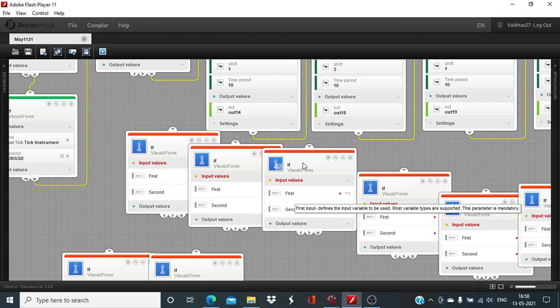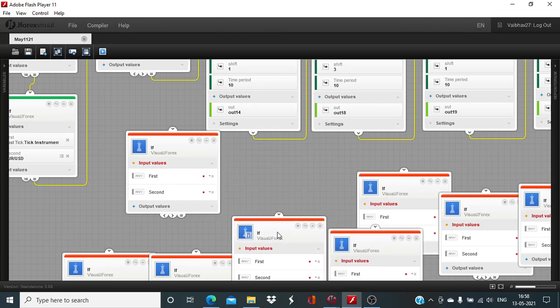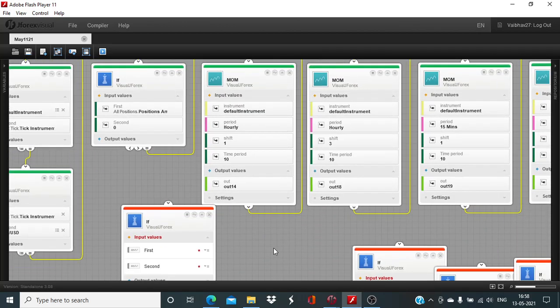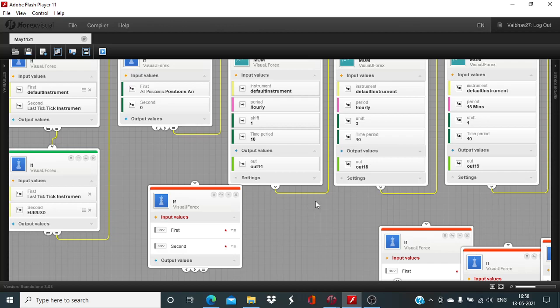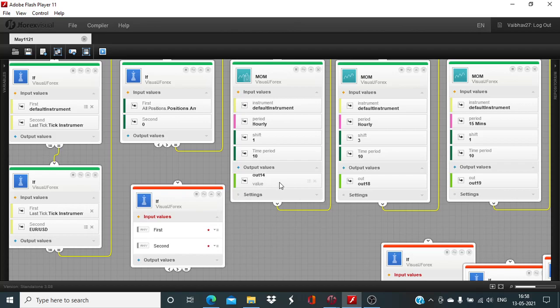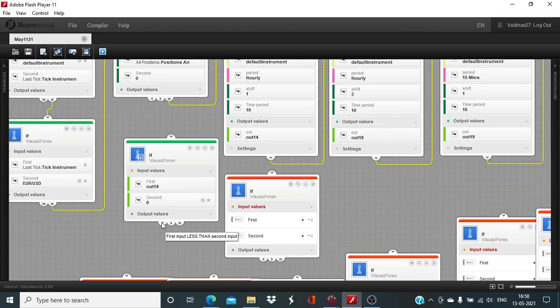It should be kind of a mirror image. All the conditions which are there for the buy side should be here in the inverted format. For the execution of the sell trade, we need the output value below 0. So in this case, first input less than second input, okay.